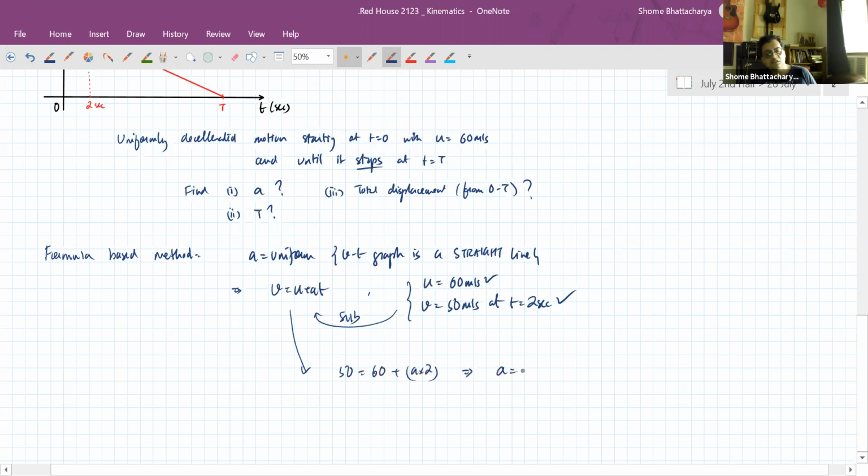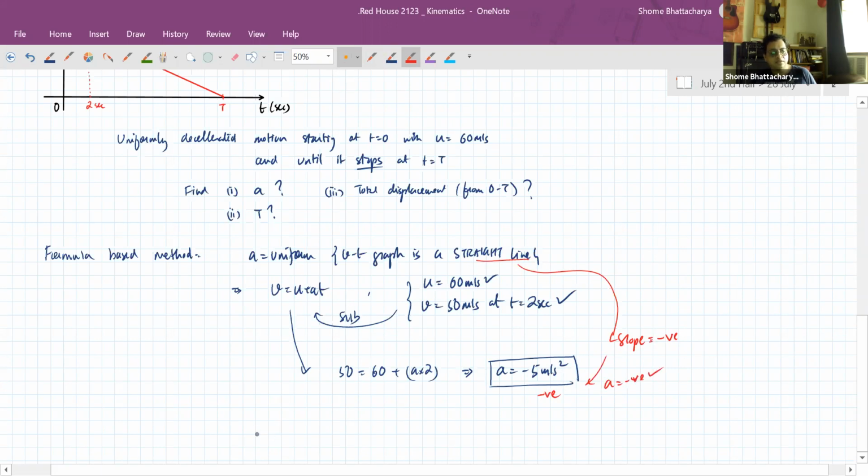So from this immediately we can see a is minus 5 meters per second square. And the fact that it is negative, you can see because the straight line had a negative slope, which means that the acceleration is negative. So that works out okay.